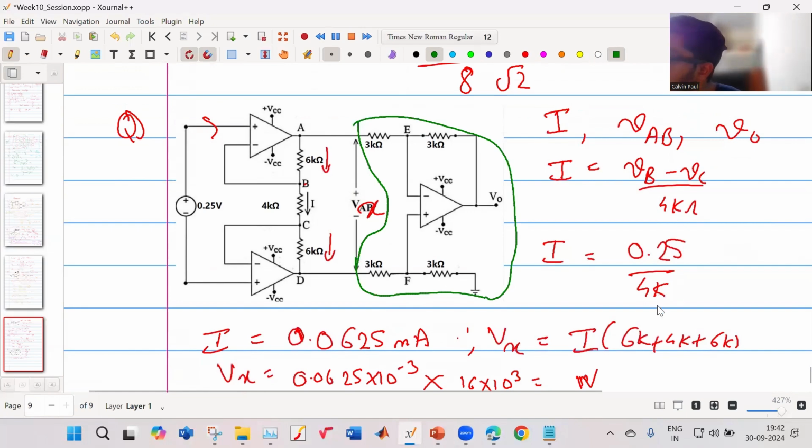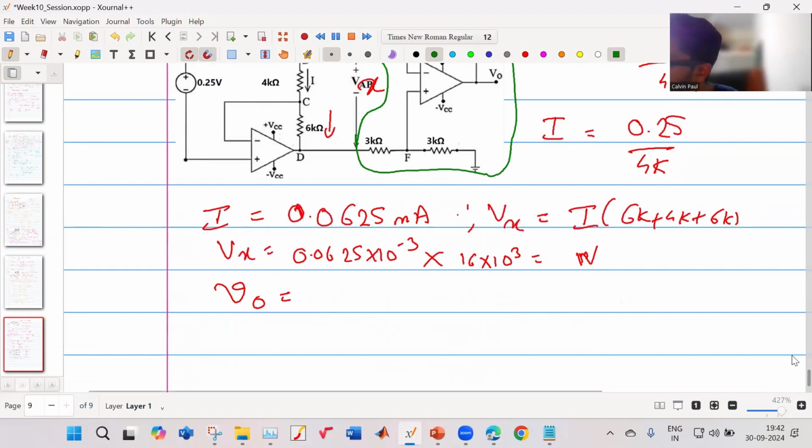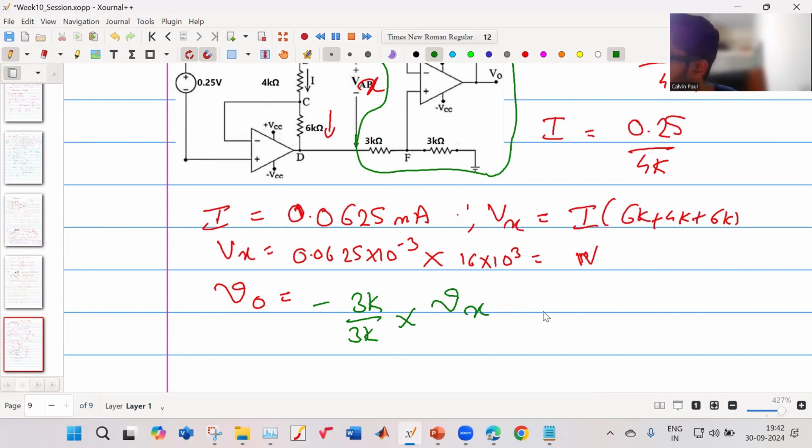And what is the gain of this difference amplifier? Your gain of the difference amplifier is minus 3K upon 3K into your Vx, into your input. So that is equal to minus Vx. So your V output is equal to minus 1 volt. Okay, sir. Okay.